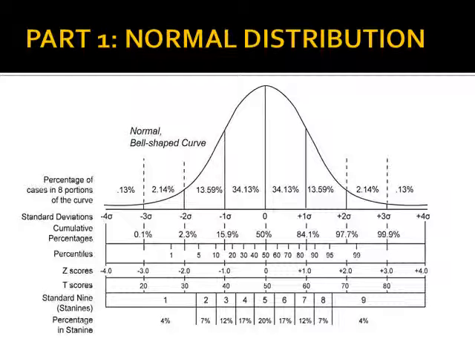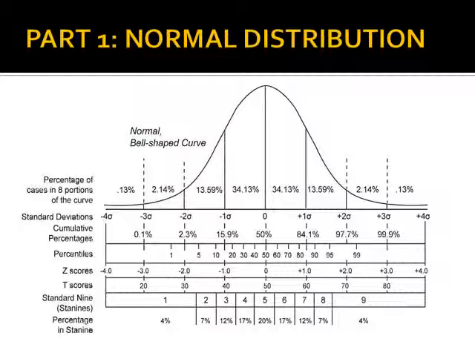You would add another 2.14% to each side of the curve, so that gives you about 4%. So you add 95% and 4%, you get about 99%, meaning only about 1% of people score below or above 3 standard deviations from the mean, meaning it is even more unlikely for a person to be reporting that kind of information.